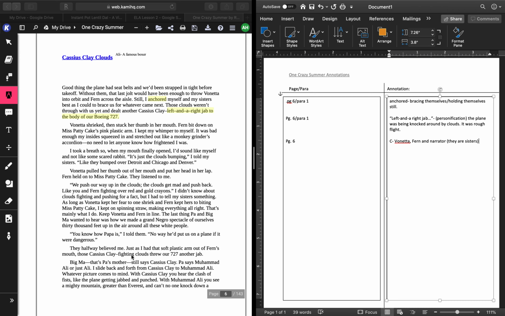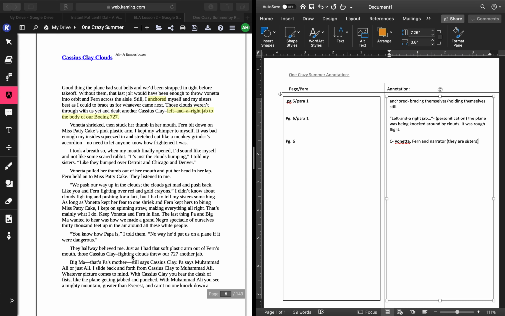Okay, so are we given indirect characterization here? Are we told what they're thinking? Is there something that they've said? Some actions?